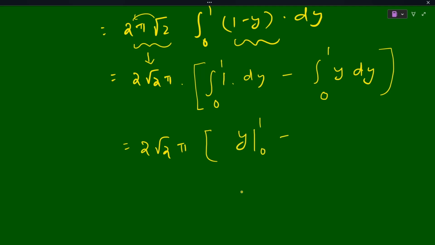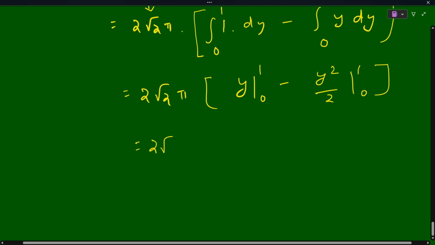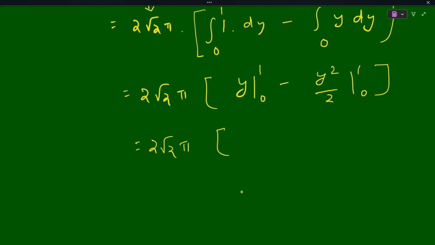So let's integrate these terms. It is 2 root 2 pi. See, the terms 2 pi root 2 and 2 root 2 pi are the same thing, I just interchanged them. Then in the bracket, the integration of 1 would be y, with limits from 0 to 1, minus the integration of y, which would be y square by 2.